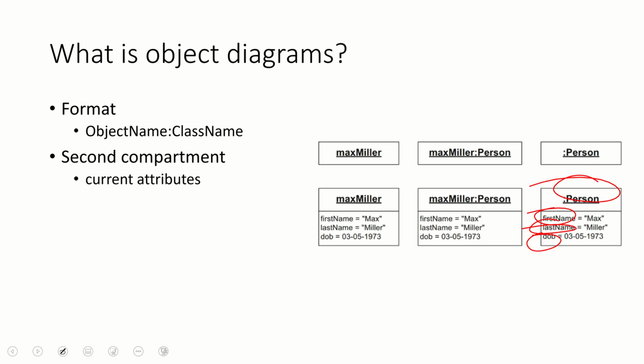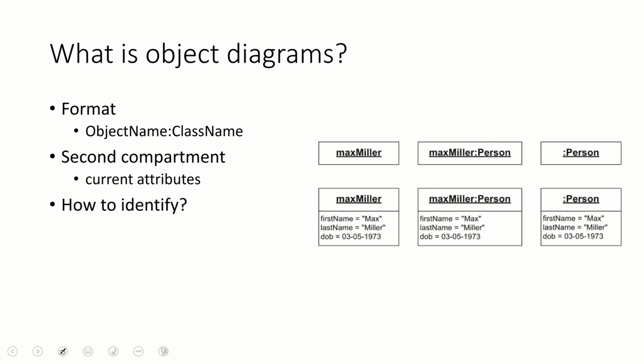Then we need to make this object unique, which means we need to assign specific, identifying values to the different attributes. Here we have Max Miller, right? First name Max, last name Miller. Then we give a specific date of birth.